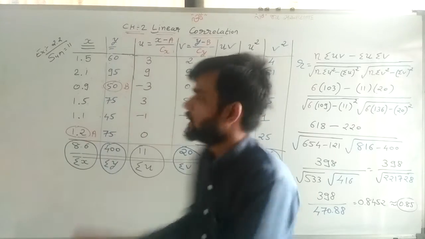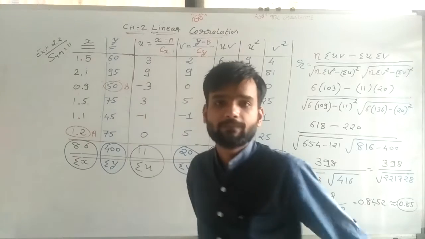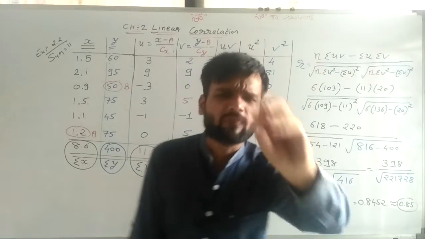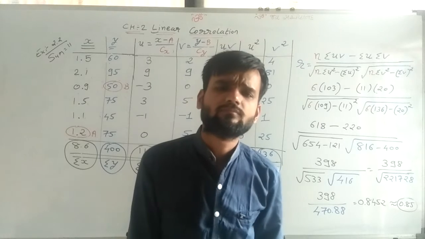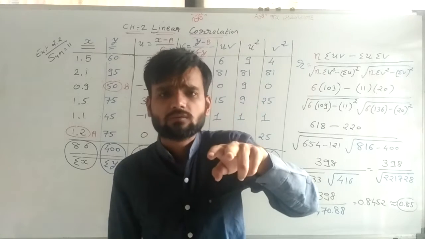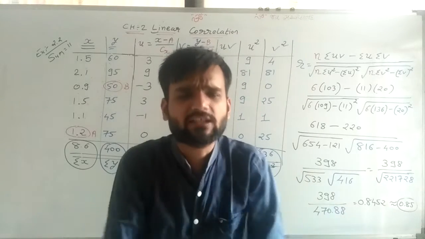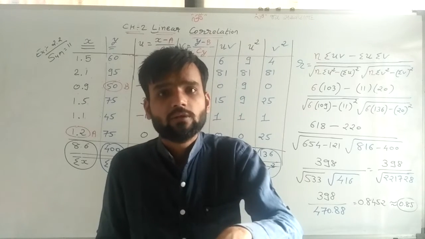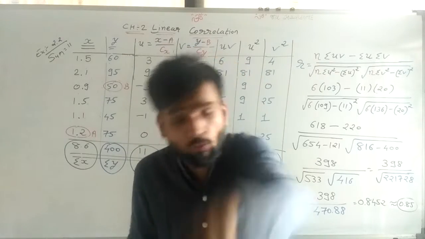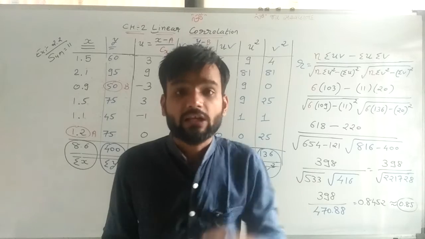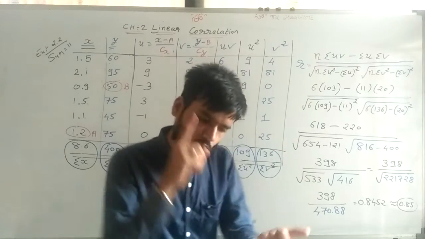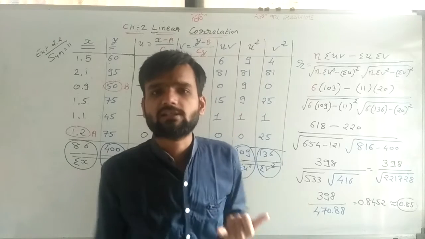So whenever the values of x and y are very small, such that you can square them easily and multiply both values easily, you can use the second formula, because the square and multiplication are easy.